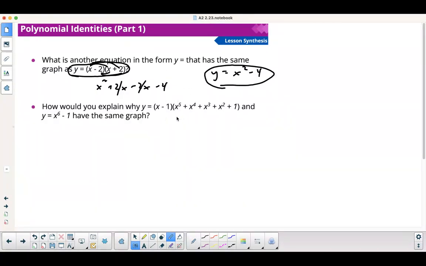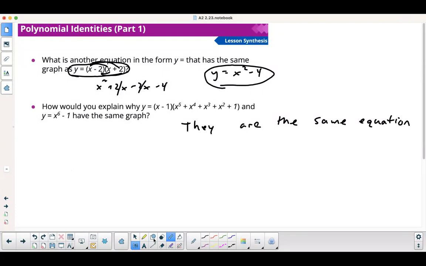All right, so how would you explain why y equals x minus 1 times x to the fifth plus x to the fourth plus x cubed plus x squared plus x plus 1 and y equals x to the 6 minus 1 have the same graph? I would say they are the same equation, and I would show it by multiplying.